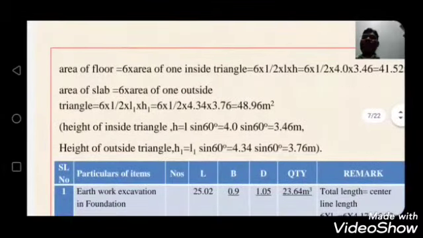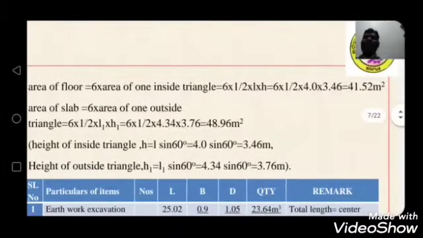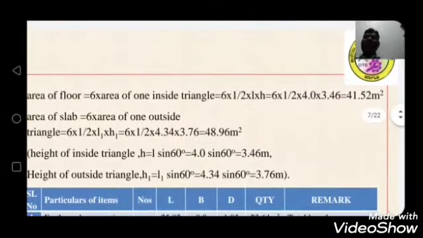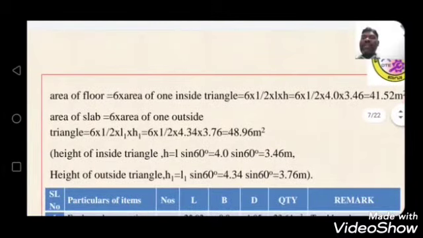Area of floor is equal to 6 into area of one side triangle, 6 into half into length into height, 6 into 1 by 2 into 4 into 3.46 is equal to 41.52 meter square. Area of slab is equal to 6 into area of one outside triangle, 6 into half into L1 into H1, 6 into half into 4.34 into 3.76 is equal to 48.96 meter square.